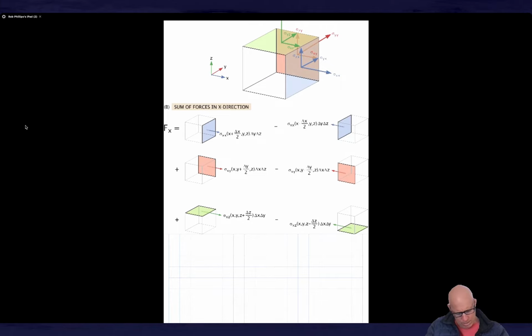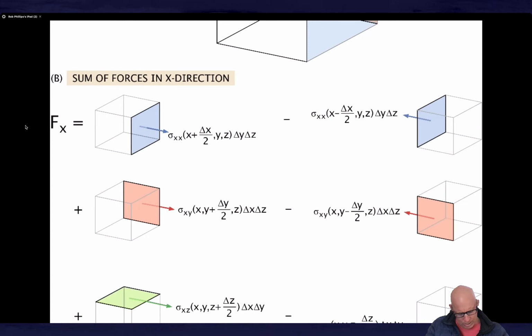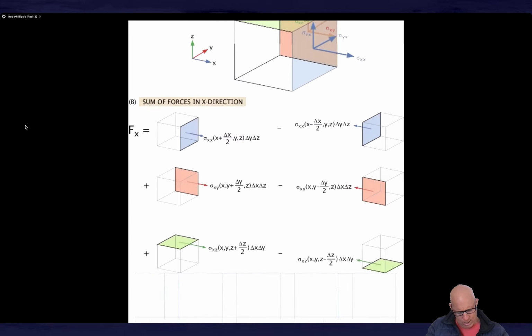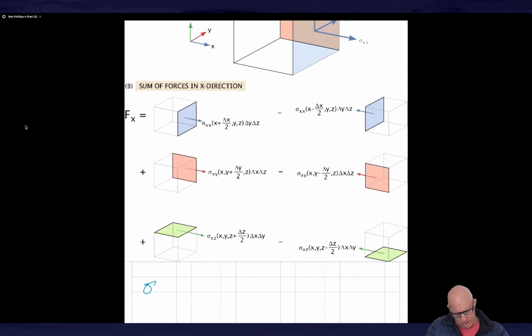When I write sigma ij, that's defined as the force in the i direction acting on the plane with normal in the j direction.